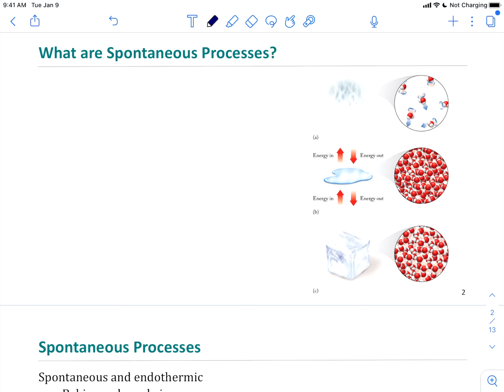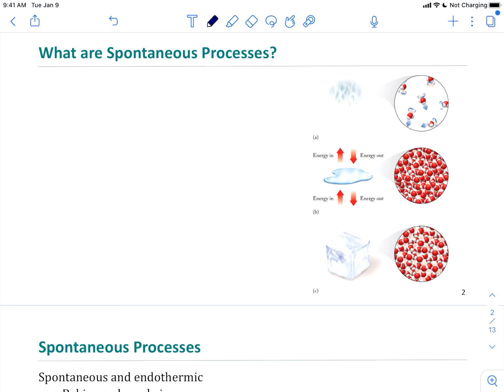A chemical reaction continues to produce products once it's started. You think about a combustion reaction, whether it be a burning fire or gasoline engine. You have to get it started. That's the spark needed to get it started. But then it continues to basically be self-perpetuating. It doesn't need any external inputs to keep it going. That's a spontaneous process.